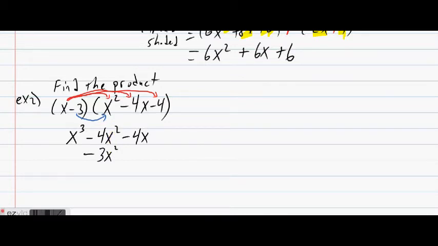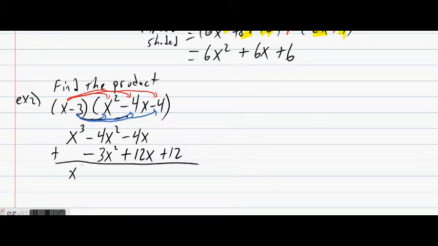I'm trying to keep those like terms together. And then negative 3 times negative 4x gives me positive 12x. Negative 3 times negative 4 is plus 12x, plus 12, excuse me.